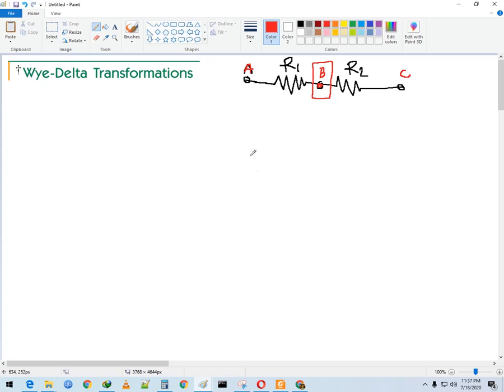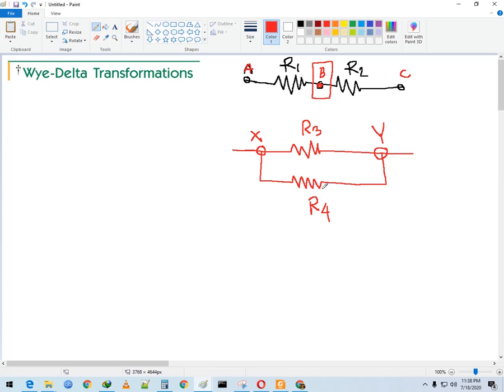Now time for parallel. If we have, let's say, two resistors in this fashion, sorry for the bad drawing, and this is node X and this is node Y, and this is R3 and R4, we see that both R3 and R4 have these two nodes in common.